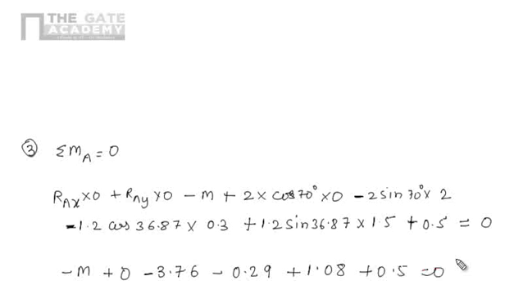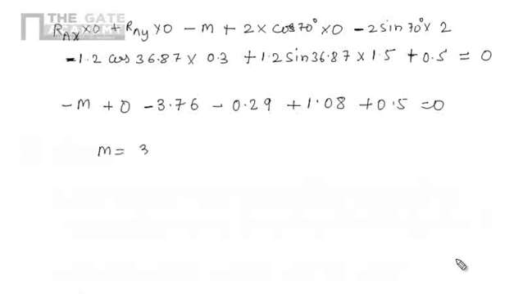So now we have M equals 3.76 plus 0.29 minus 1.08 minus 0.5. So M will be, when we calculate it, around 2.47.